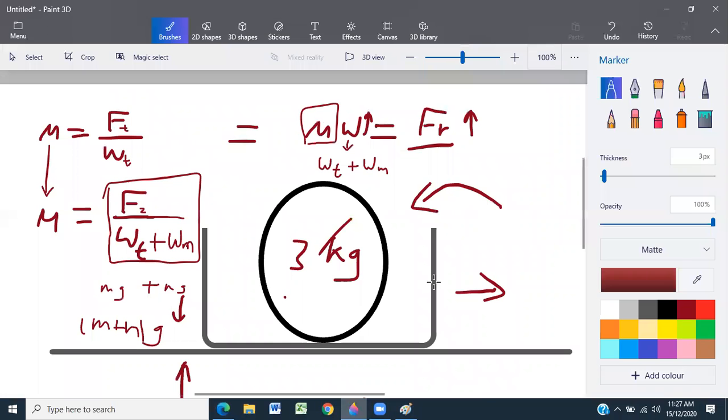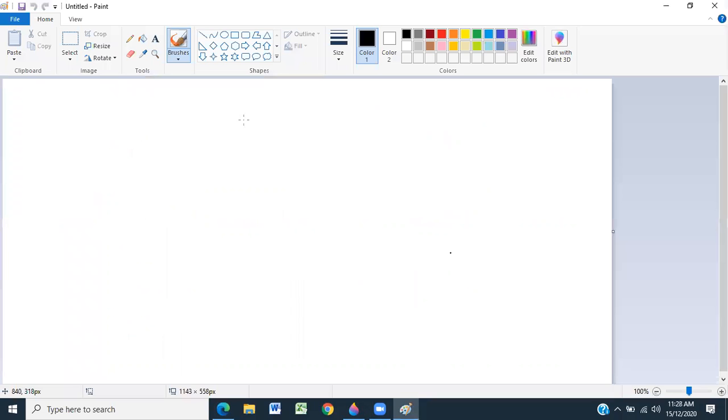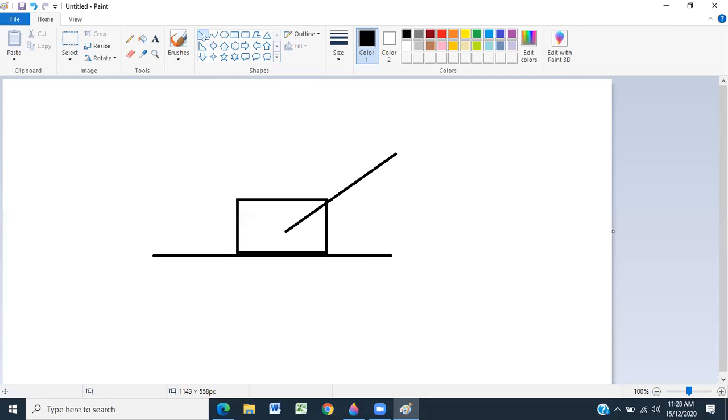Some mass, and we have a force pulling at some angle, weight coming down. And we know no matter what, contact forces, the reaction should be something like this. So this is a system we're familiar with.